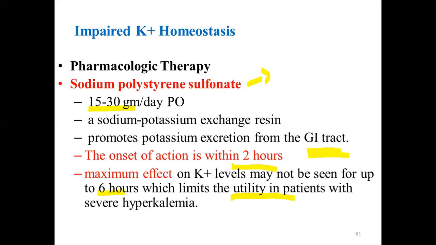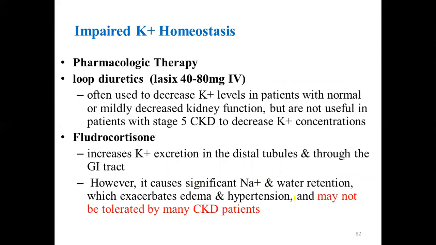So calcium gluconate, shifting, then after that potassium binding resin should be considered. Okay, there is also the role of diuretics, as someone said. Diuretics can also be considered in the management. And apart from that, we do have synthetic mineralocorticoid, which can replace the action of aldosterone.